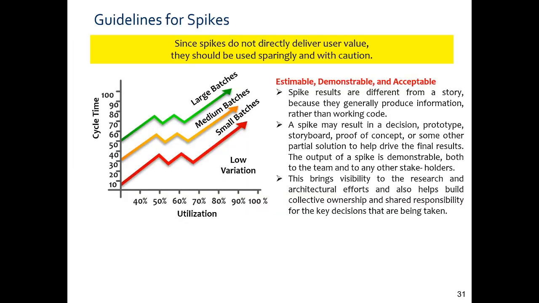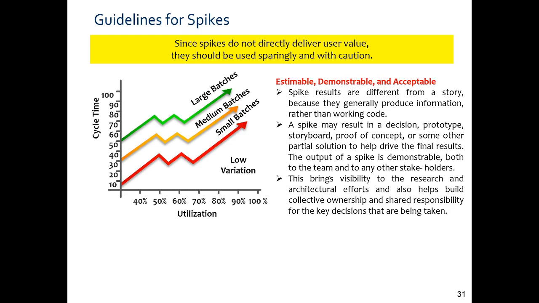So just see to it that utilization versus cycle time, that is small batches, medium batches, large batches, right? So we have to work out with the large batches, okay, it comes in the way, very bigger changes are in there.